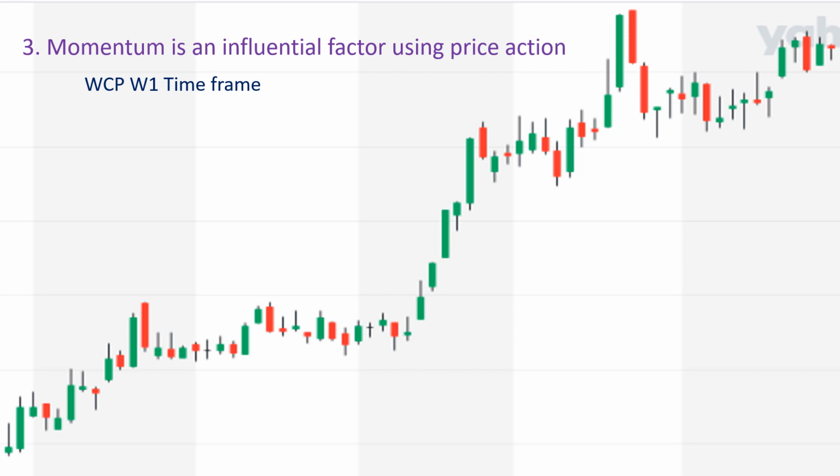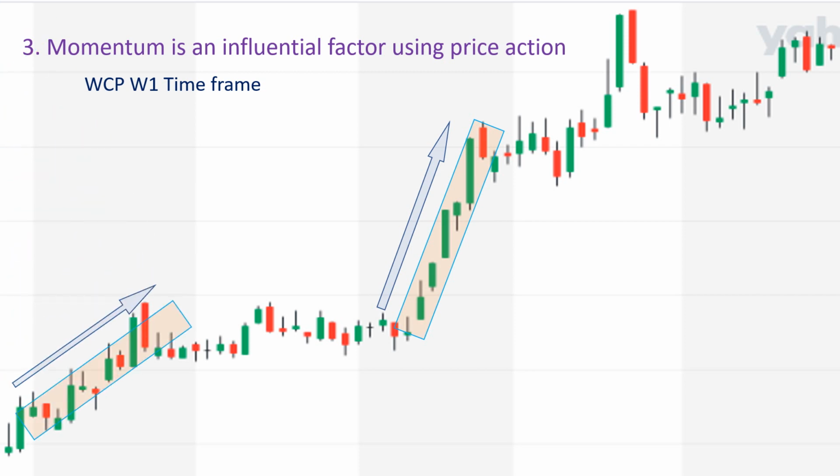This is WCP stock, W1 time frame. In this slide, this up move is deeper and has a bigger angle than the previous up move. Here we can say the buyers are still stronger and gain momentum.